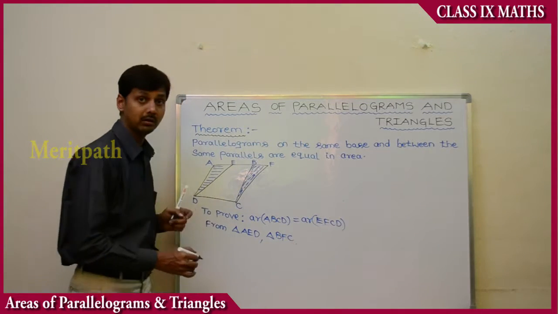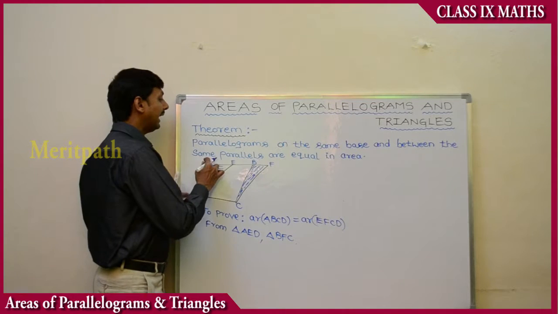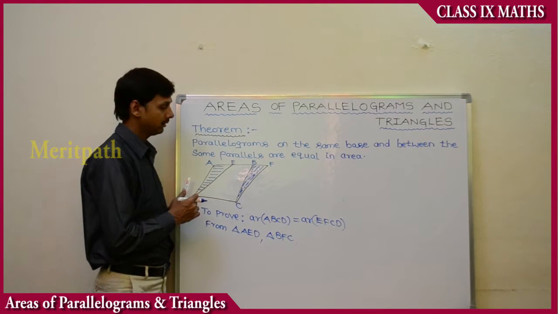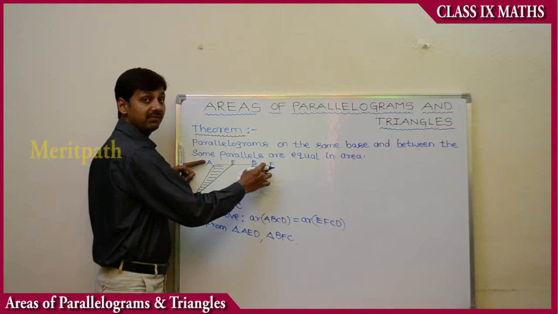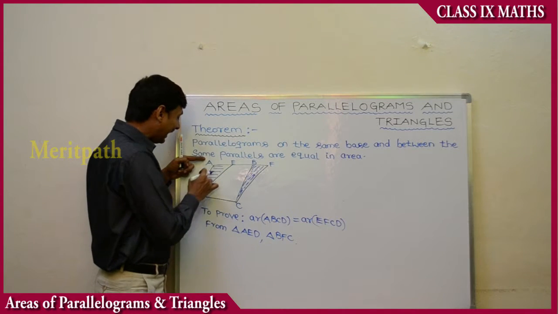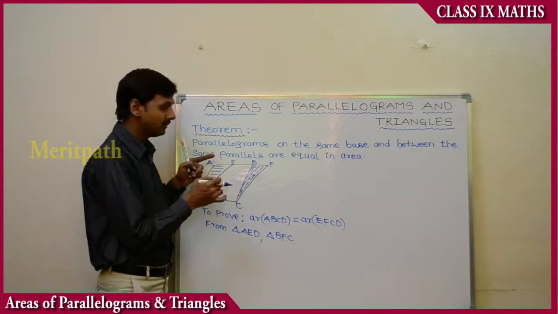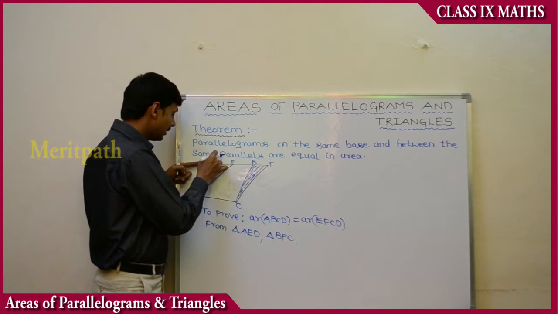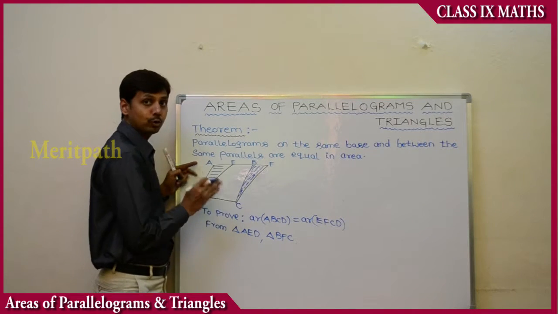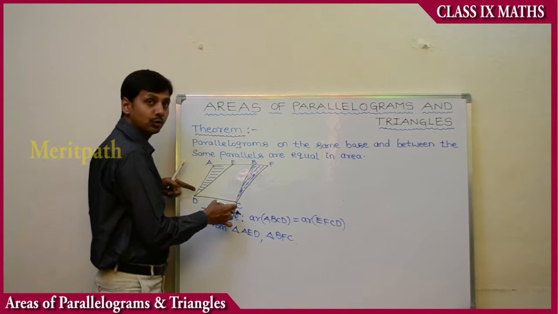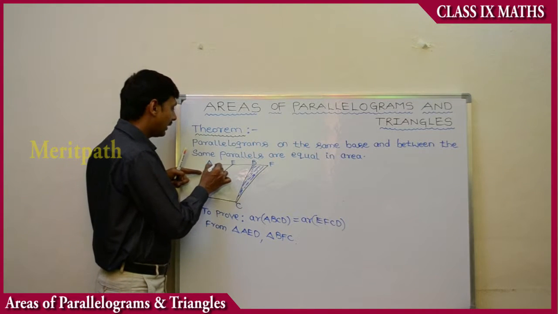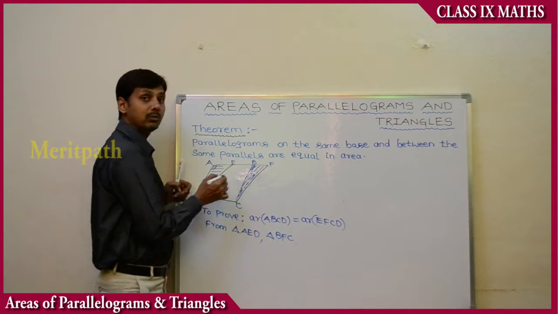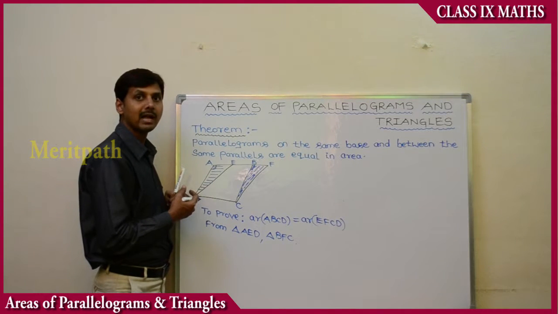And this we can observe. AF is a transversal, and AD and BC are two parallel lines. So angle DAE and angle CBF are equal, because they are corresponding angles.